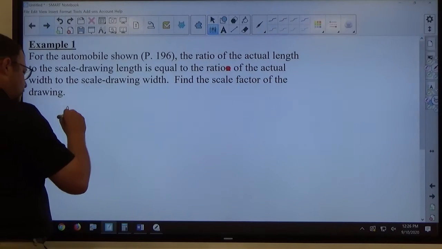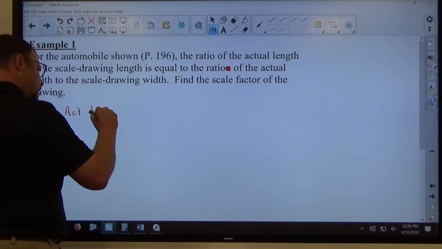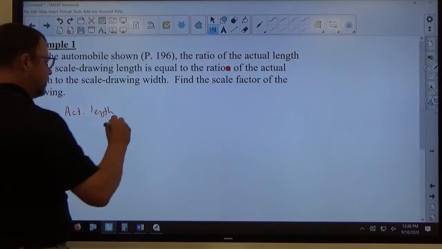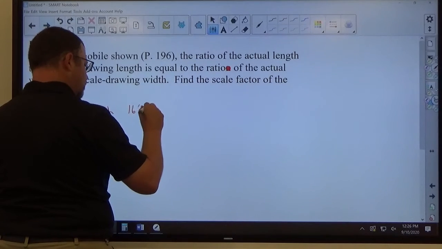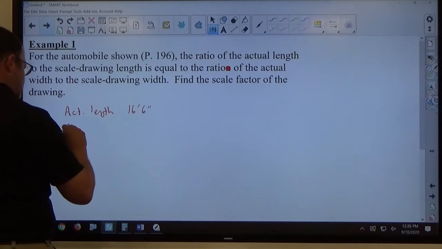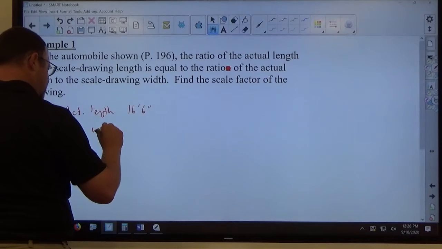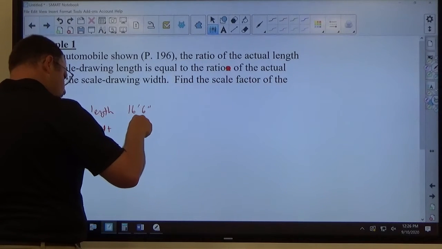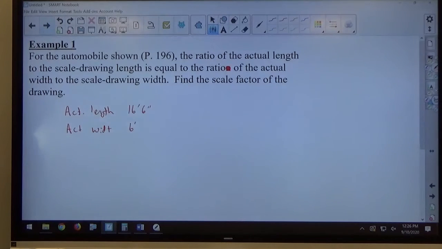So actual length is 16 feet 6 inches. And the actual width is 6 feet. The scale width and length are on that blueprint on that page 196.